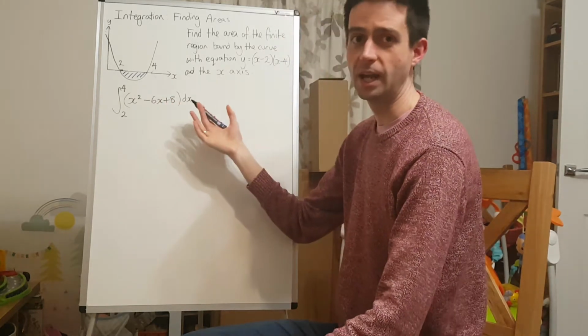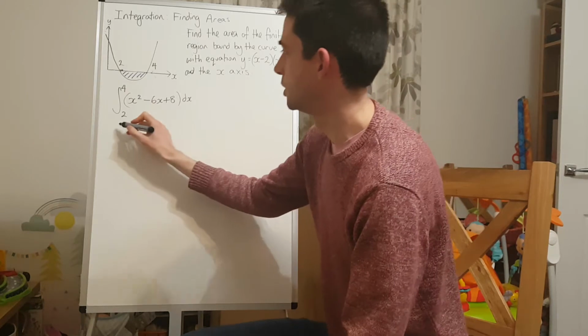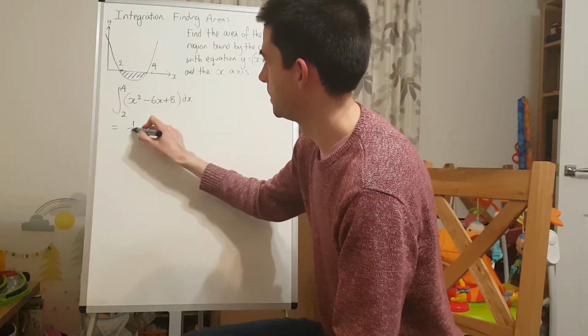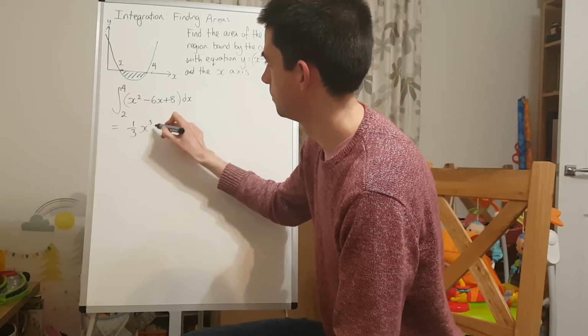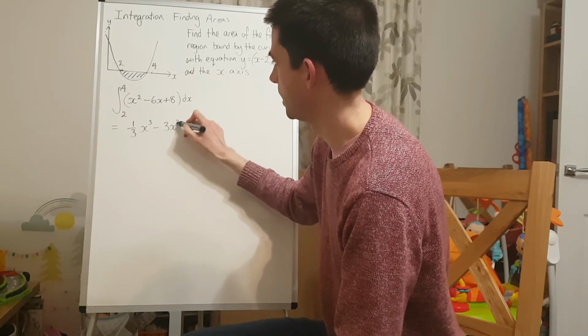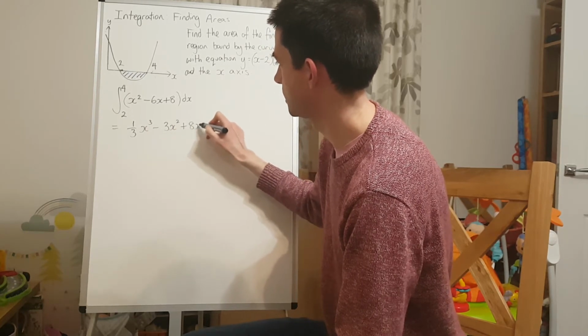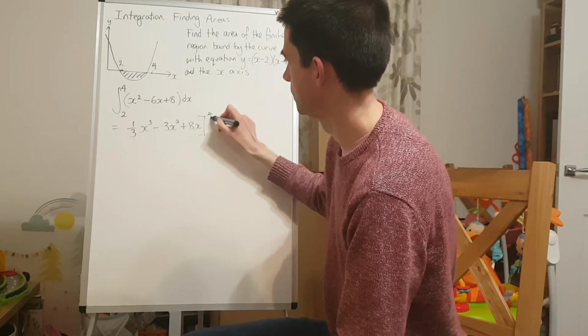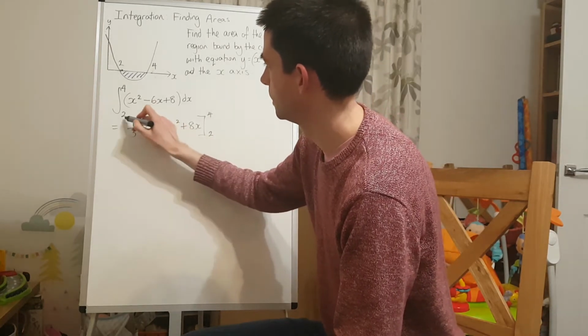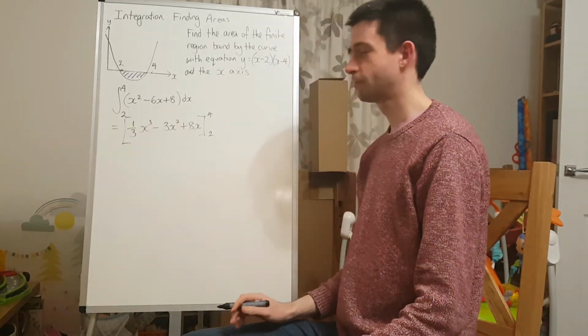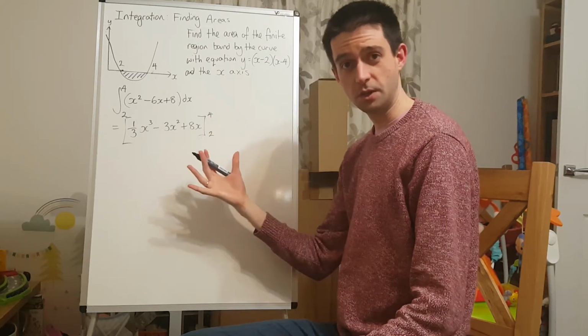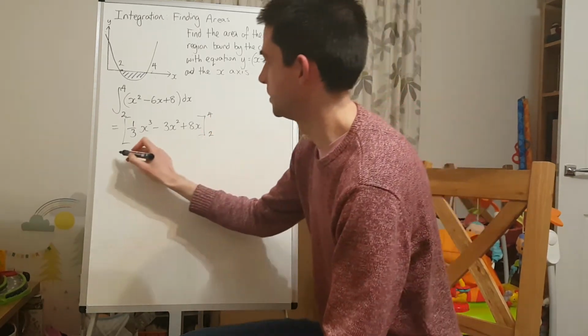Again, I'm integrating x's. So we'll integrate that, so we get 1/3 of x cubed minus 3x squared plus 8x, square brackets, upper limit of 4, lower limit of 2. And then I evaluate for those two values and find the difference.